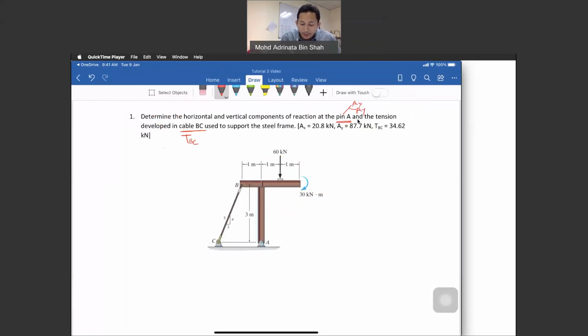our body AB, okay, this is body, okay, and what happened to our cable and pin?